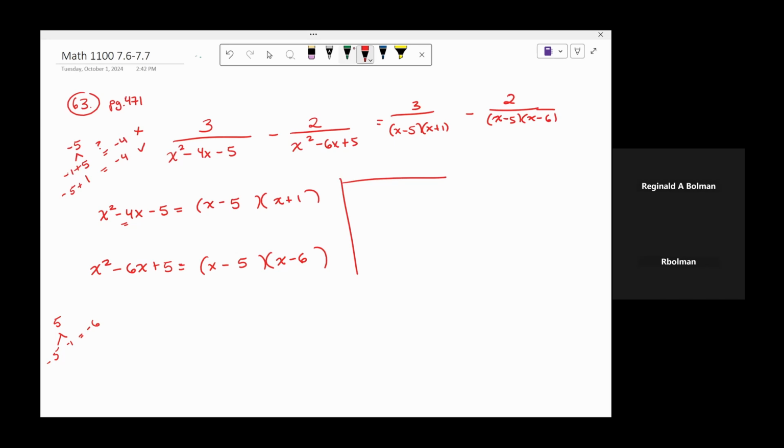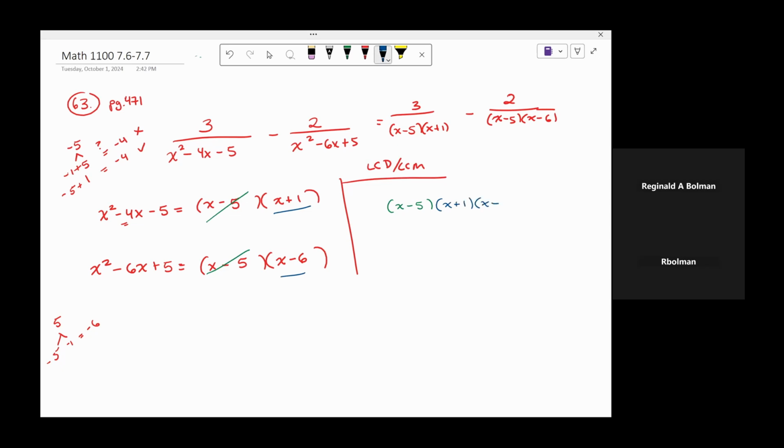Now, what we're going to do with these prime factors of our denominator is calculate the LCD or the LCM between the two rational expressions. And how we do that is by selecting out our common term. In this instance, our common term is x minus 5. And then we will look at the terms that we don't have in common.